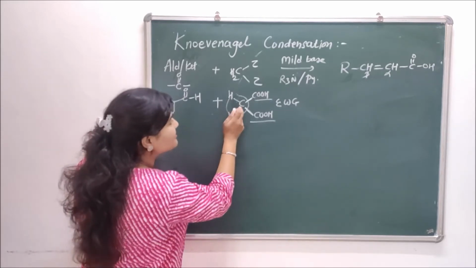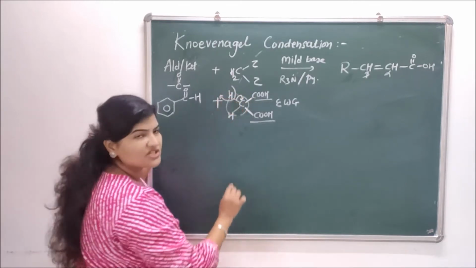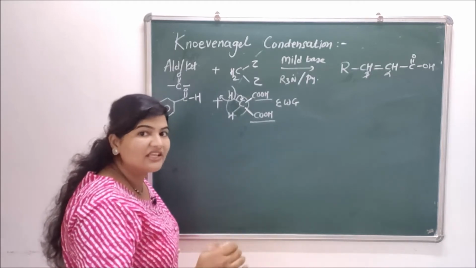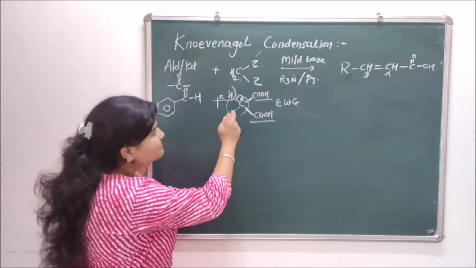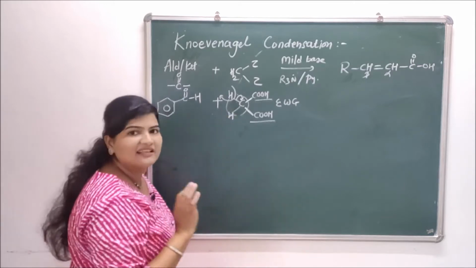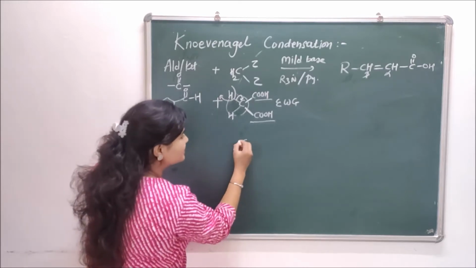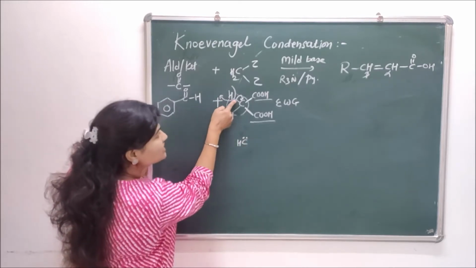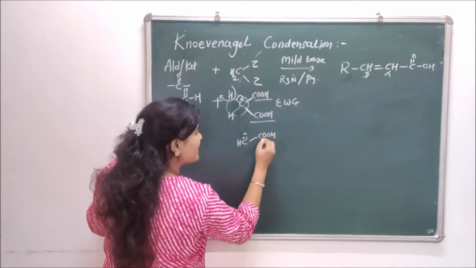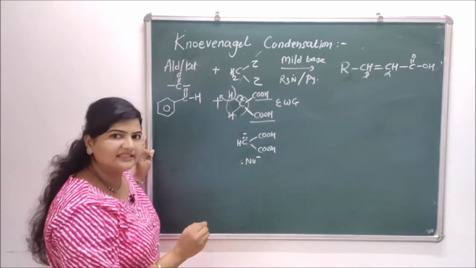It makes this carbon take these two electrons towards it and leave the hydrogen as a proton, and the species that easily gives out a proton is acidic. The presence of two electron withdrawing groups on carbon makes the carbon acidic, and that is why it leaves the proton, in turn getting converted to a nucleophile, because these two electrons of this bond are retained over carbon, and what you get is CH minus COOH COOH. This is nothing but your nucleophile in this reaction.